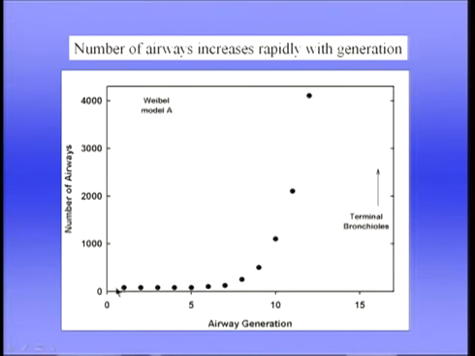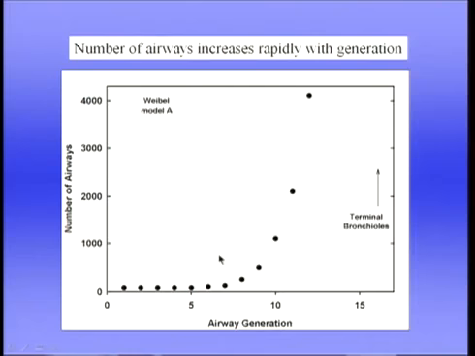Trachea, which would be down here somewhere, would be one airway, and so on. 2 airways for the right and left main bronchi and so on. And you can see that after we get to generation 11 or 12 or so, there's a very rapid increase in the number of airways. In fact, at the level of the terminal bronchioles, there are something like 50,000 airways in the lung, a tremendous number of terminal bronchioles.